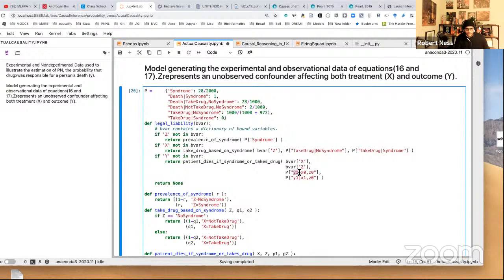Maybe you can do the same thing for some kind of general notion of probability of necessity. So X happened and Y happened. What's the probability that Y would not have happened had X not happened? I'm sure you can write it in terms of limits and come up with something.